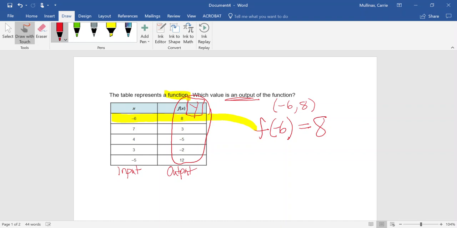So again, the x side is the input, also called your domain, also called your independent variable. The y side is the output. We'll also use words like range to represent the y values, and dependent variable.